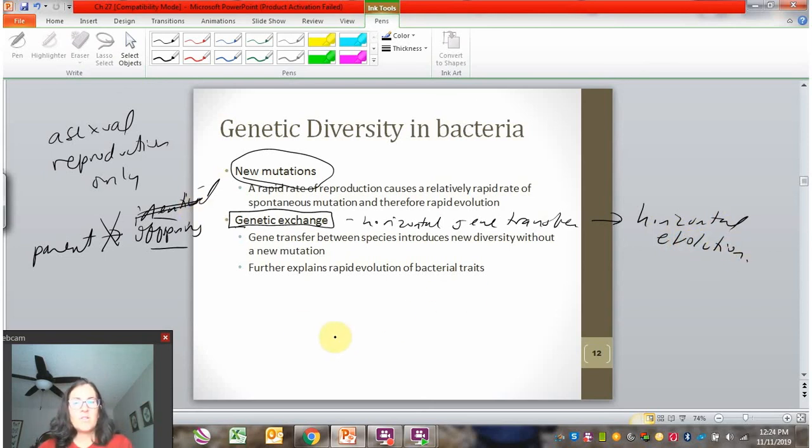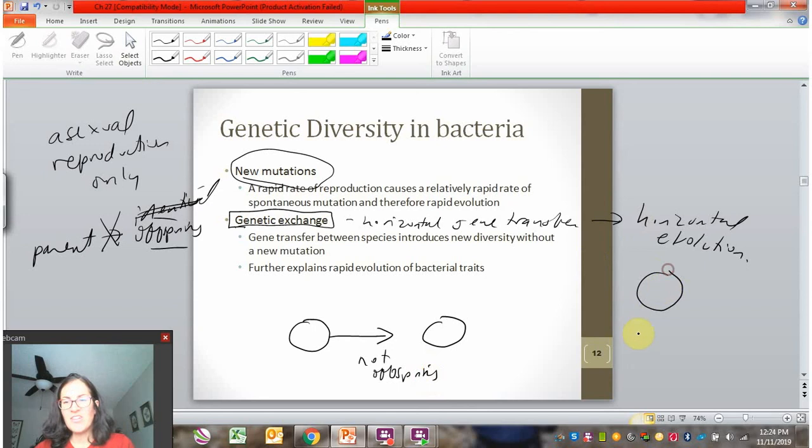So horizontal is referring to having one bacteria able to pass its genes to another bacteria that is not its offspring. The traditional route of genetic exchange is from a parent to offspring. And this is what we call vertical evolution or vertical gene transfer. So again, that's kind of the more normal.